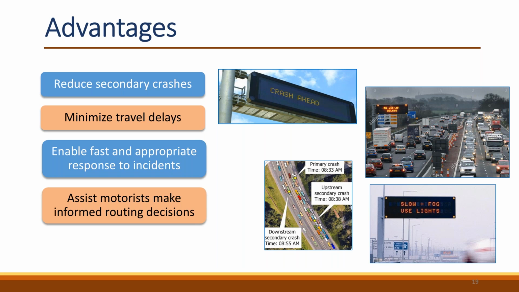What we found was that when the information about an incident ahead, use caution, or crash ahead, left lane blocked, use caution, was displayed on the DMS signs, drivers become more cautious and they drive more carefully as a result, and they become more vigilant, and hence they may actually have a lesser likelihood of ending up in another crash. So that results in reduced secondary crashes.